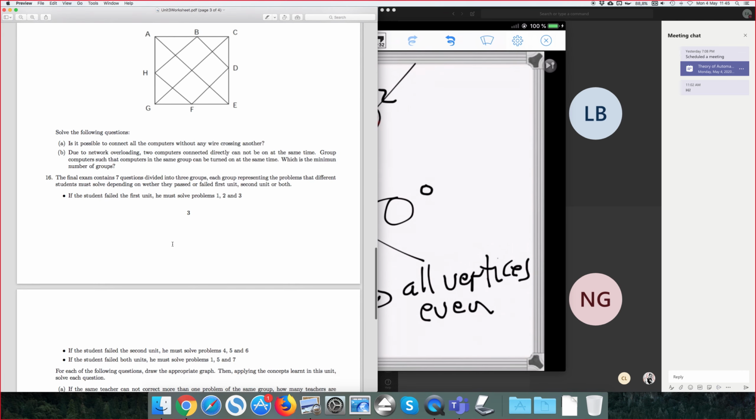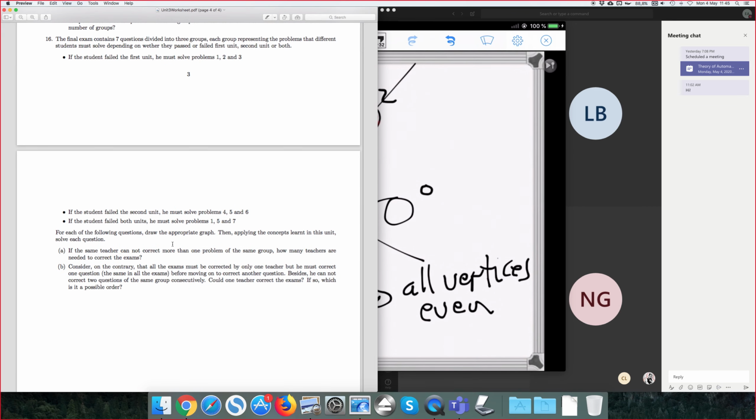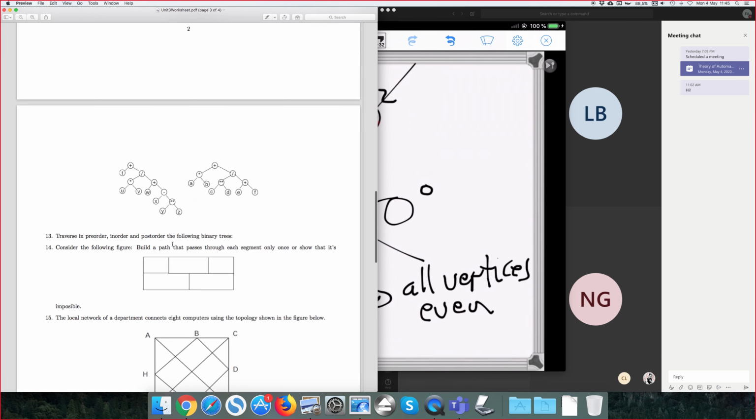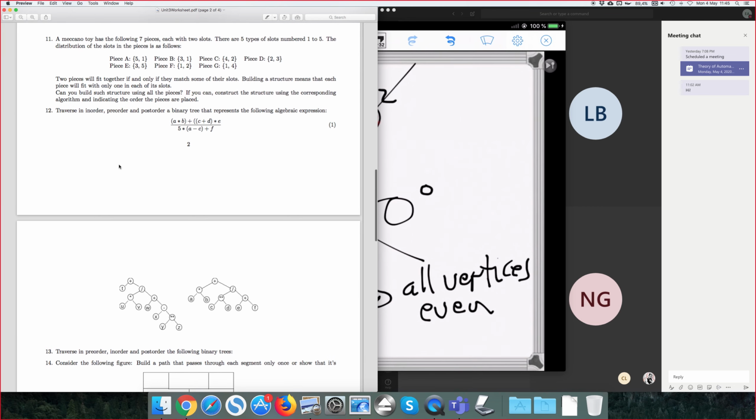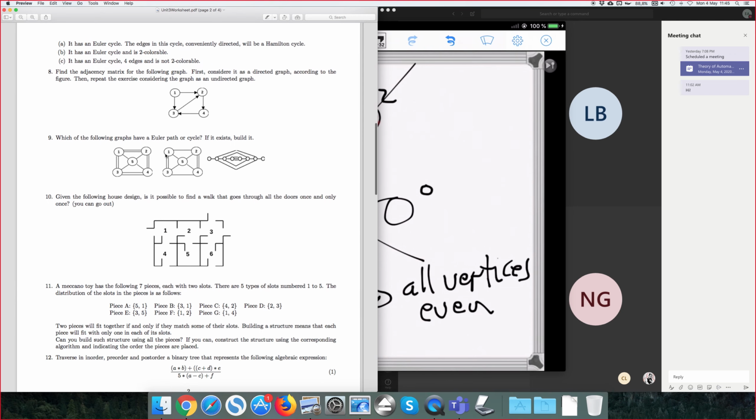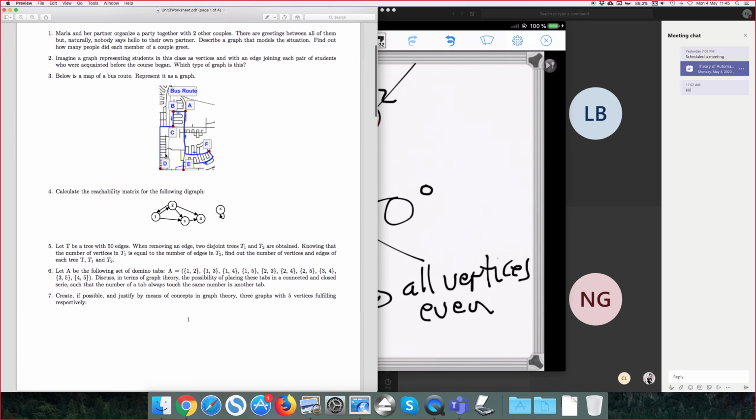And 15 and 16 were solved in last week's lecture. Okay, so we can either go to 12 or 13, which are similar, or to 5. Which do you prefer?